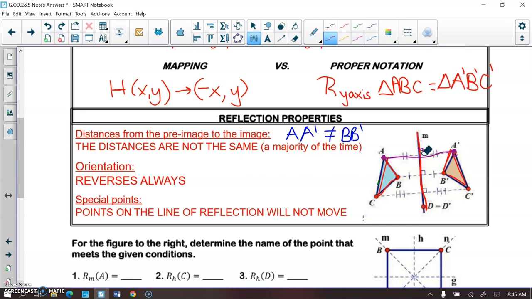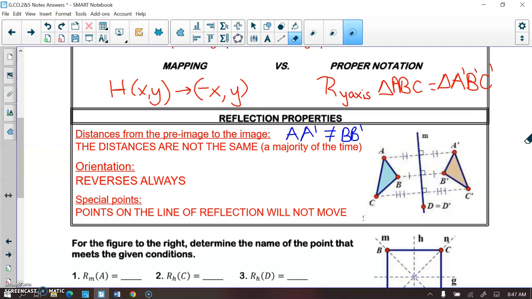And the distance from point A to my line of reflection would be congruent to the distance from the image point A prime to my line of reflection. So that's what I mean about it being the perpendicular bisector between the pre-image and image points.